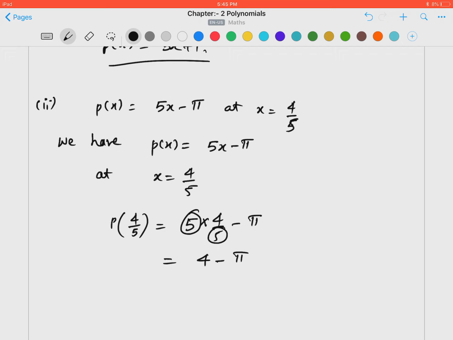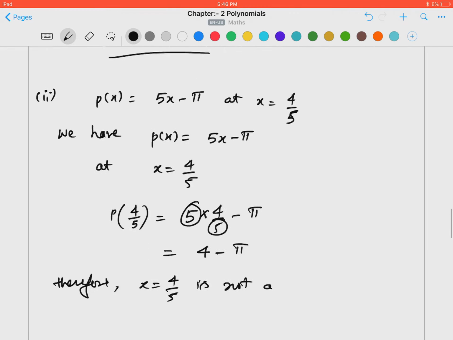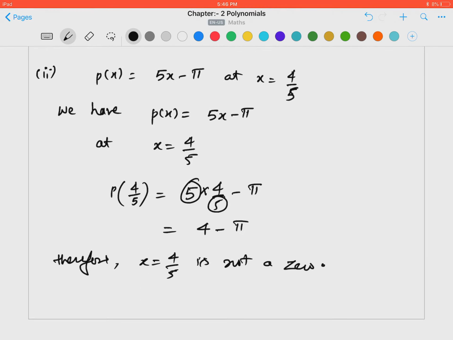So as the result is 4 minus pi, which is not equal to 0, we'll write therefore x equals to 4 by 5 is not a 0 of the polynomial.